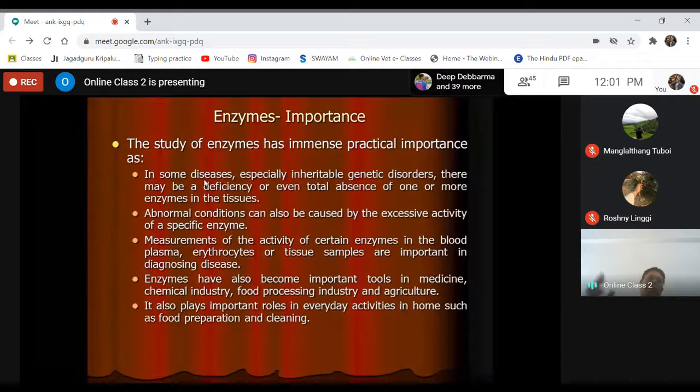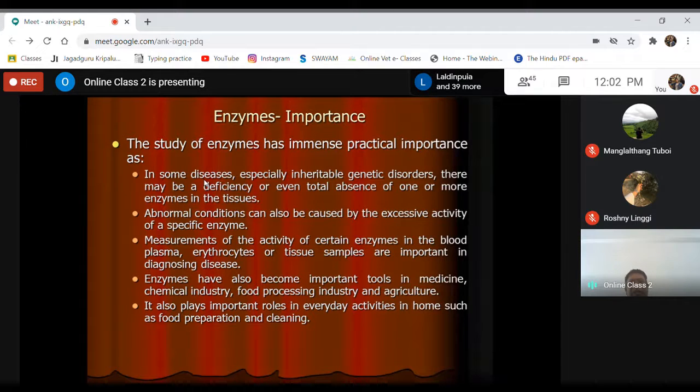Like that, many enzymes are elevated in liver diseases. Say if you have prostate cancer, then the enzyme acid phosphatase increases. So like that, in different disease conditions, the level of certain enzymes in the blood or in the tissues is increased. So by checking the level of these enzymes, we can get some clue that there may be some problem with this organ or the tissues.